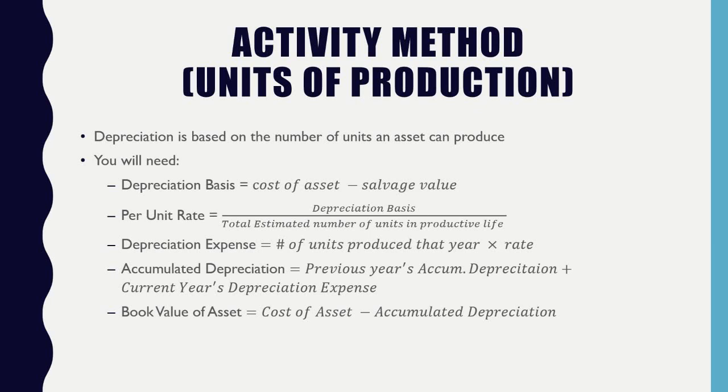So units of production. I barely mentioned this, that we depreciate based on a capacity. What does that mean? Well, in this case, we're looking at how much a fixed asset can produce. So for example, let's say you bought a machinery, and let's say it can produce X amount of units.